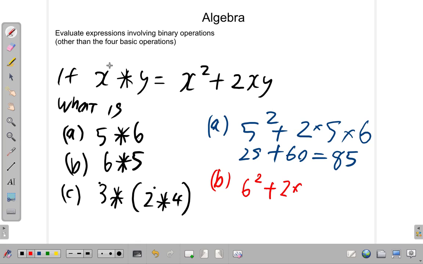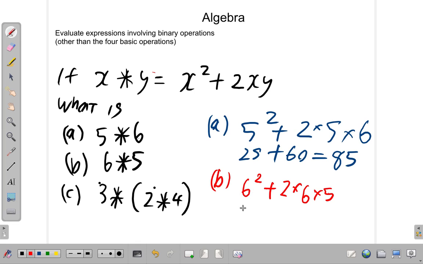In the same position, x is in this position, is 2x. 6 in this position is going to be 2 times 6 times y. Y and 5 are in the same position. So y is what you multiply by x here. 5 is what you multiply by the 6. So it's 5 that comes at the end. The y goes at the end of this part, 5 comes at the end of this part. You follow the same pattern.